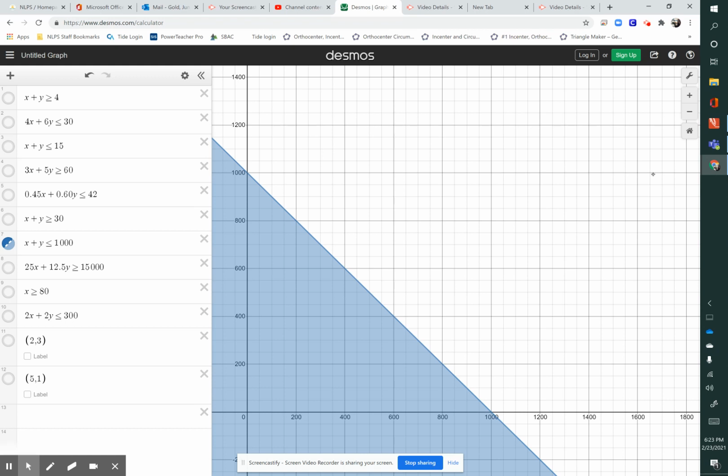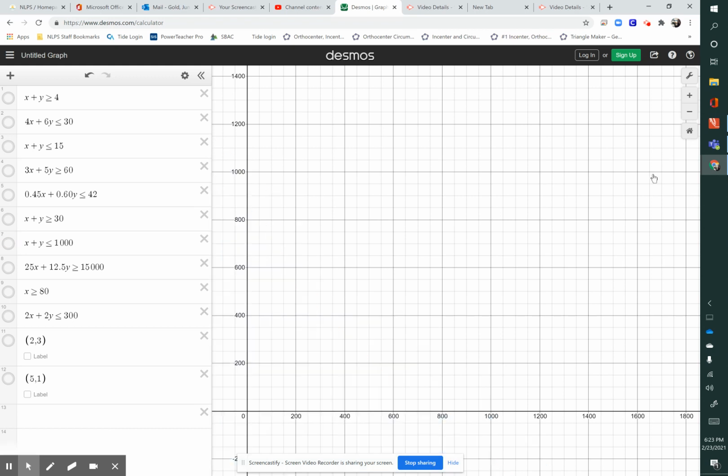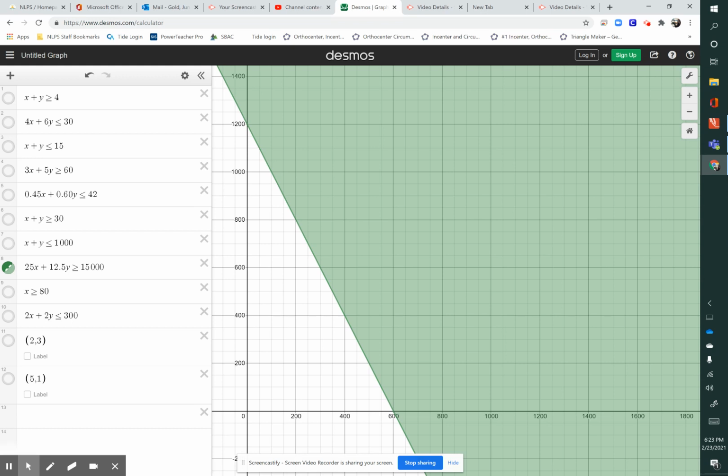So we can sell 200 adults and 400 youth, or we can sell 600 adults and 200 youth. As long as that is 1,000 or less, we're okay. But then we also have to make $15,000 for the show to go on. So we have to sell more than this number here.